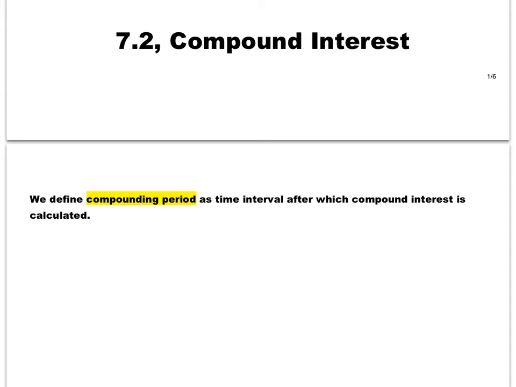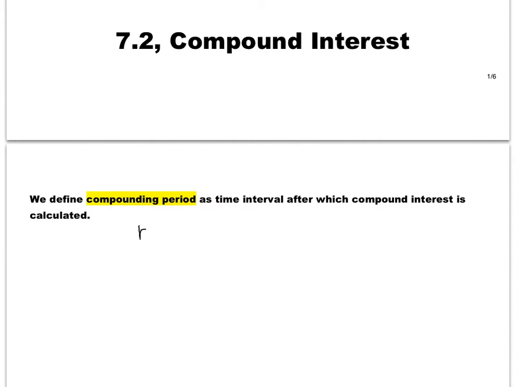For instance, this means that if R is the compounding interest and the compounding period, let's say, is 1 year, then the compounding period, which is 1 year, is the time that the interest on the initial investment is going to be calculated.